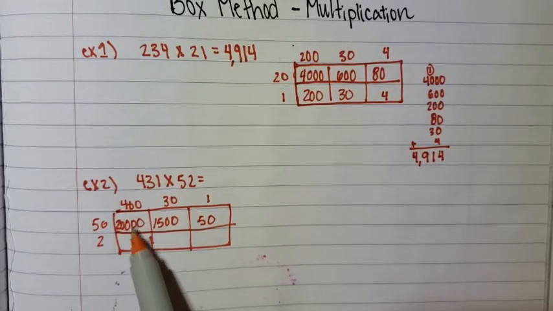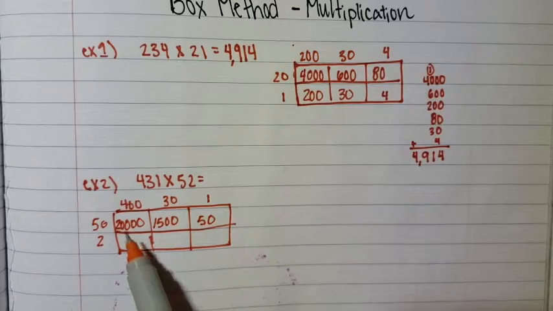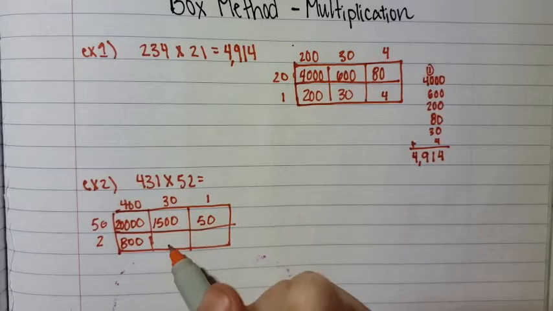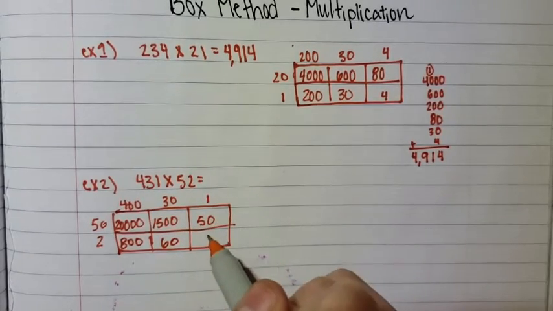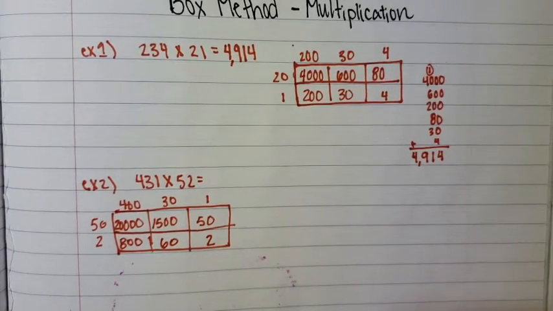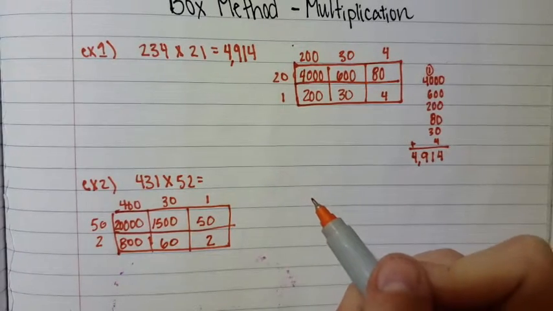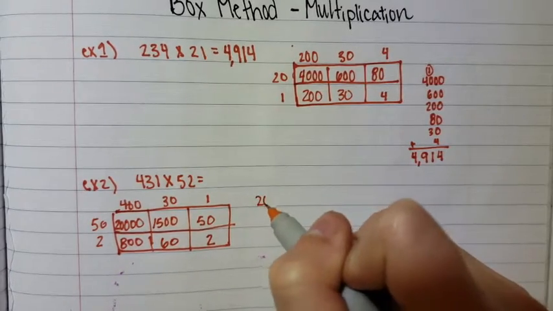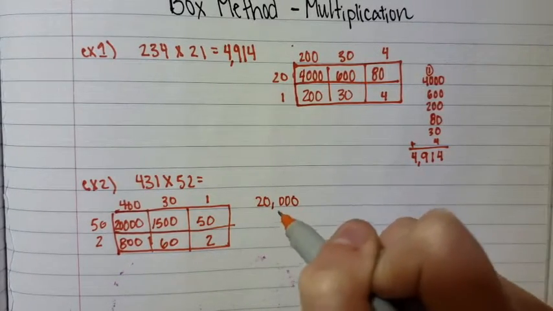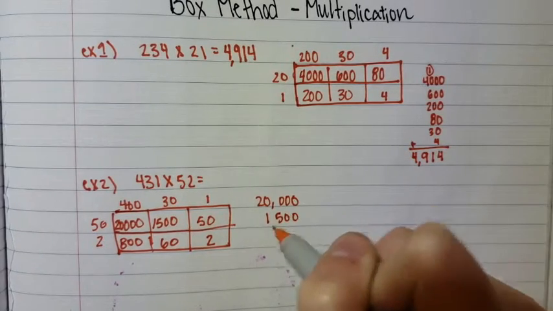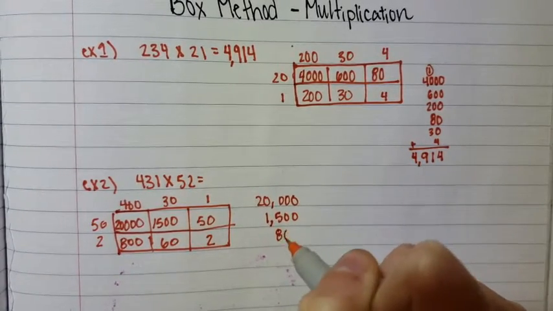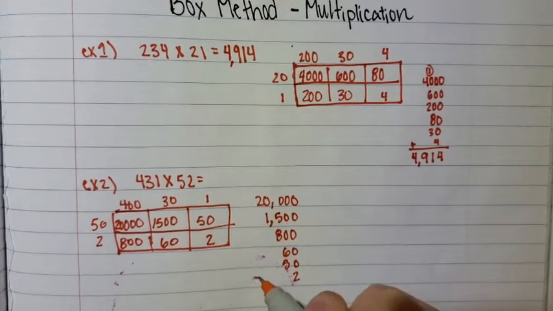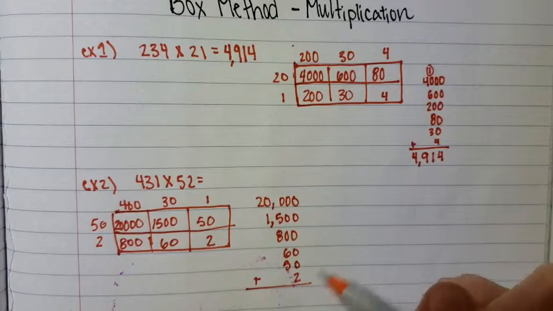Now the same thing for this 2, down and across. So 400 times 2 is 800. 2 times 30 is 60. And 2 times 1 is 2. And now you're going to come over to the side and add them all together. So we're going to do 20,000 plus 1,500, 800, 60, 50, and 2, and add them all together.